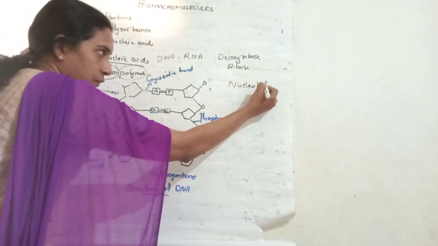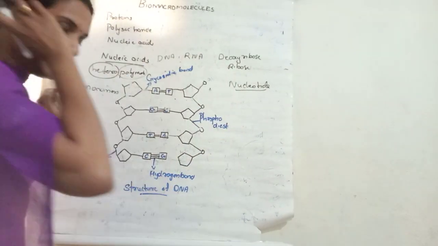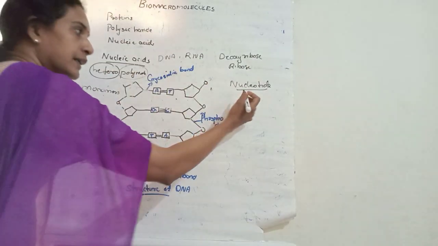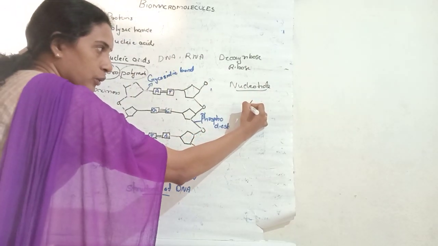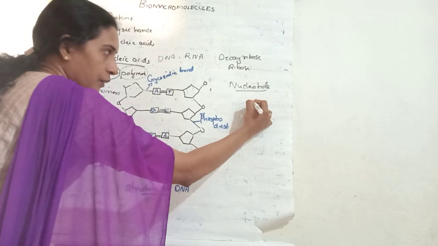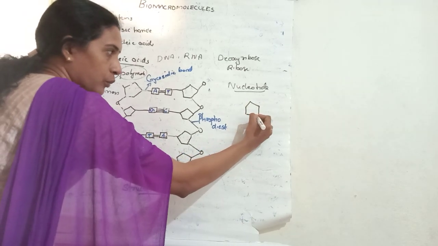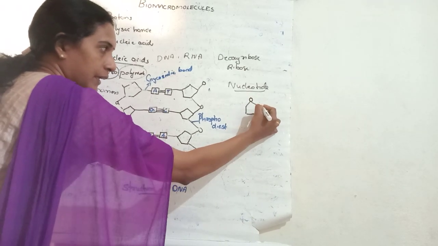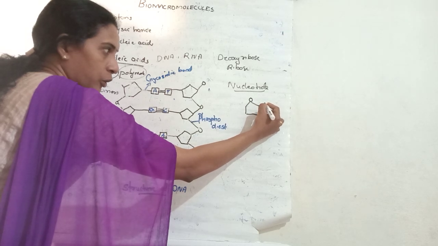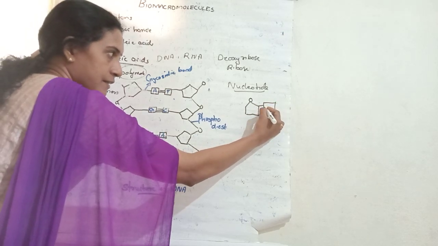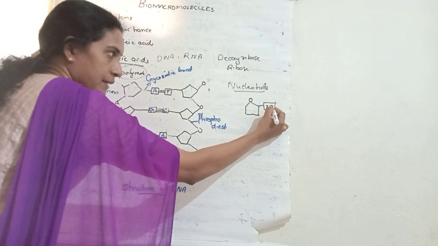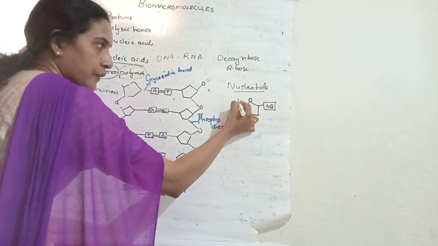Nucleotide. In the last class we discussed it. What is a nucleotide? That is one sugar molecule, then sugar molecule plus nitrogen base, and here a phosphate group.